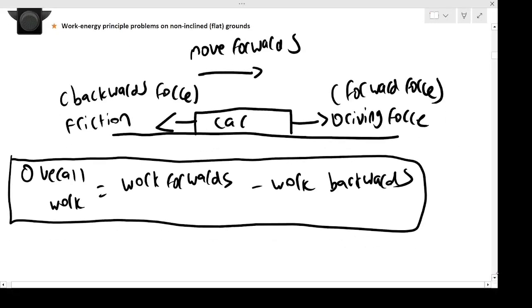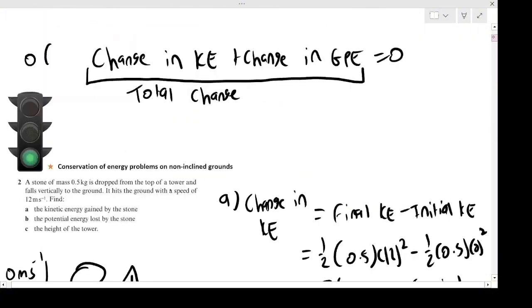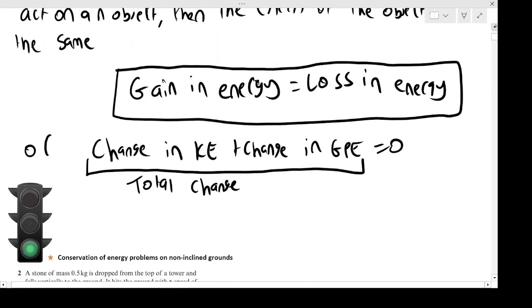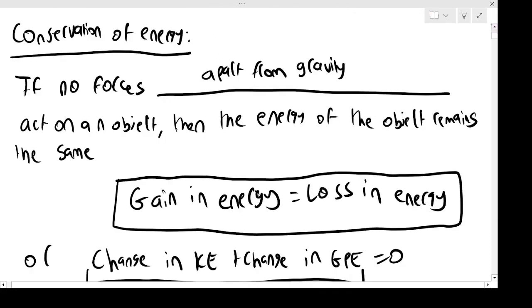Now, why do I mention this? Well, this plays into the work energy principle. You can notice here as well that I've now added forces on. And if you recall, when we looked at conservation of energy, in this section here, no forces must act on an object in order for this to apply.